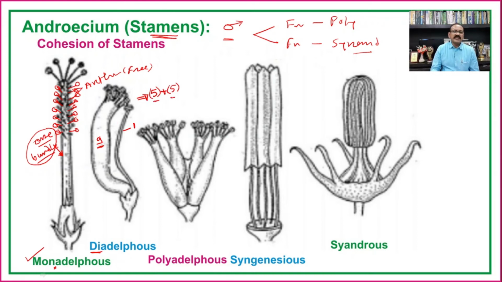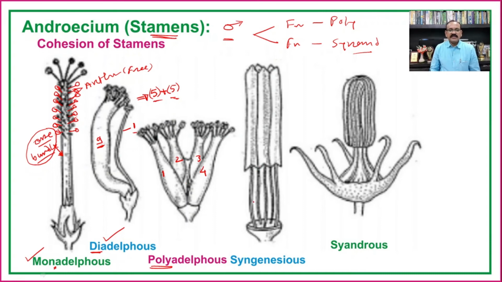In both cases, either 9 plus 1 or 5 plus 5, it is known as the diadelphous condition, because the filaments fuse to form two bundles and the anthers are free. But if the fusion of filaments forms more than two bundles, then it is known as the polyadelphous condition, usually found in Ceiba pentandra.